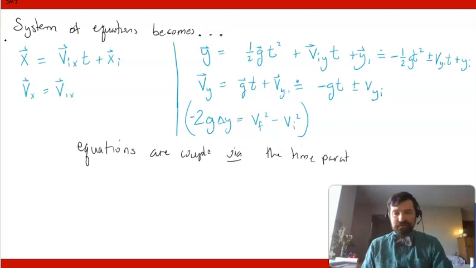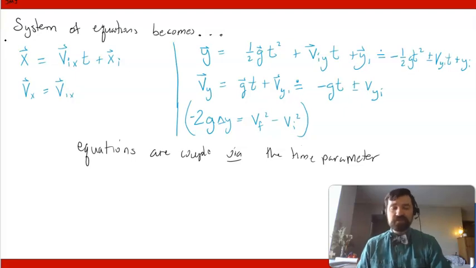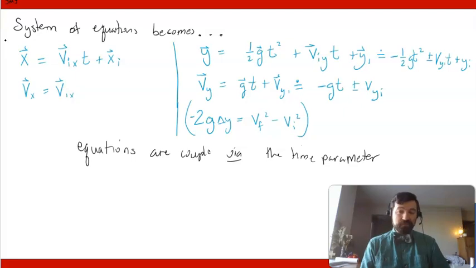If I solve the set of equations for, let's say, the time at which impact occurs, then that time that I've solved for here for y is also the time at which impact occurs for x. And so that would let me solve for how far the object travels.